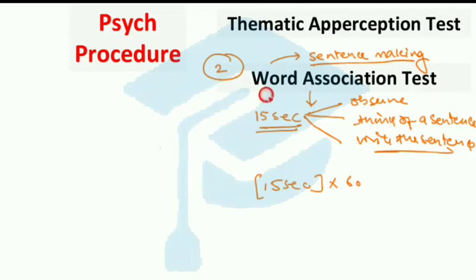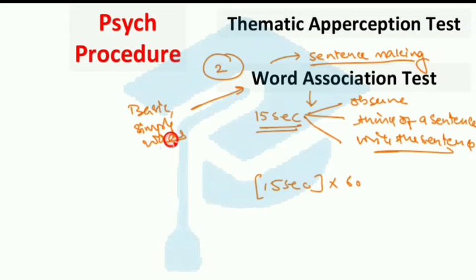Now, the words that are shown to you are basic, simple words which have use in your day-to-day life. Clear?